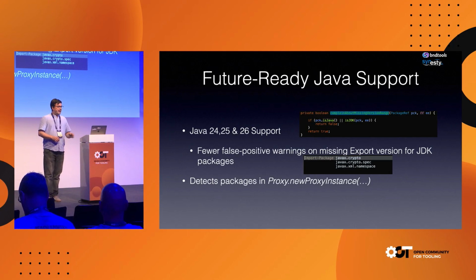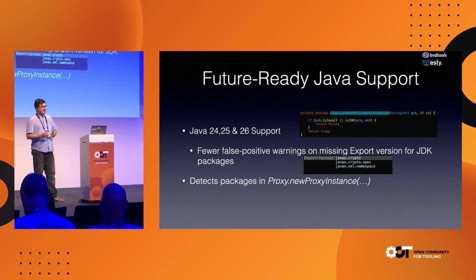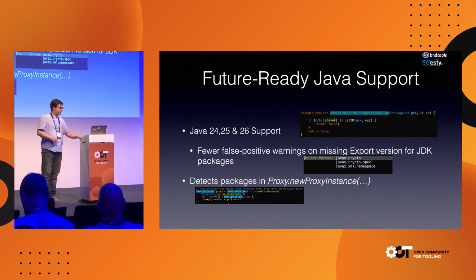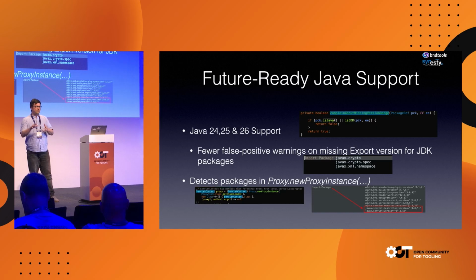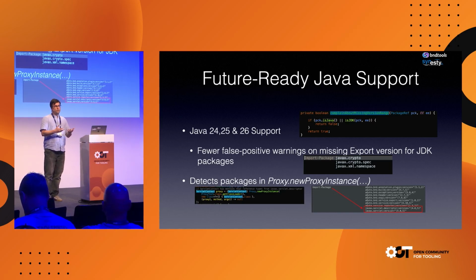There was also something added so that Bnd now detects the packages better when you use proxies, like this. There were cases where Bnd couldn't really follow that and didn't detect some packages. Now there were improvements, so your manifest import packages contain more and more precise information.